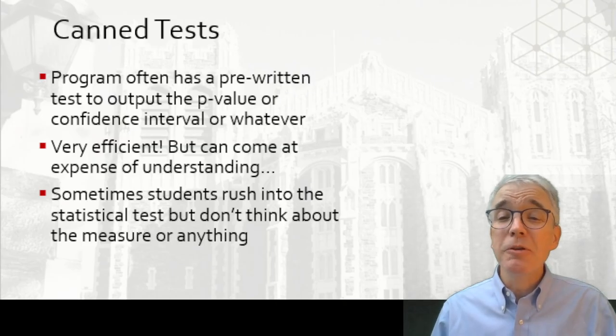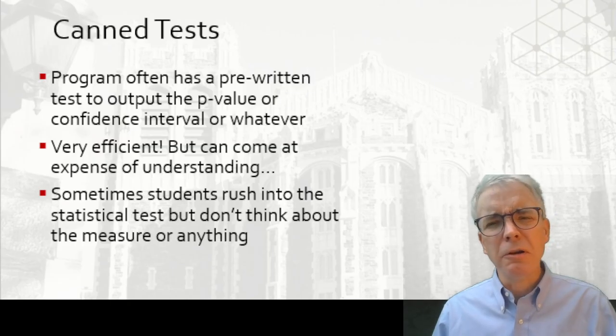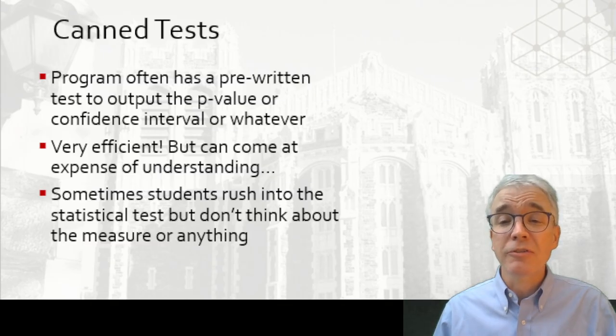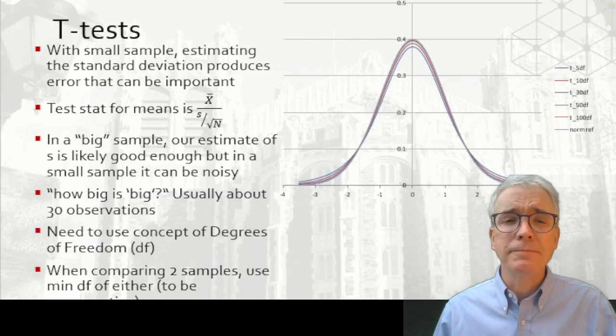And the computer's even better than you at plug and chug. At no stage will the computer go, that's kind of weird. So while R has plenty of canned tests for t-tests and chi-square tests and all the rest, I would be very cautious about using those too early in your journey. Shortcuts can just end up taking even longer.